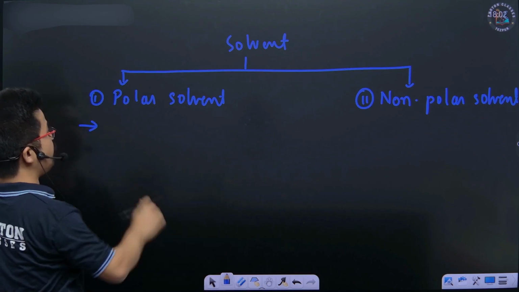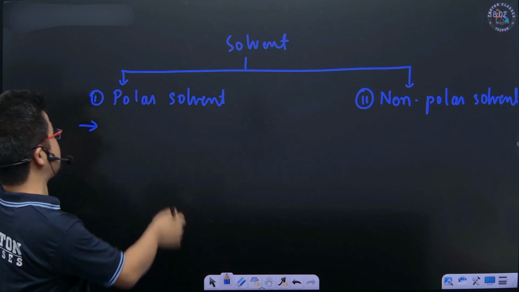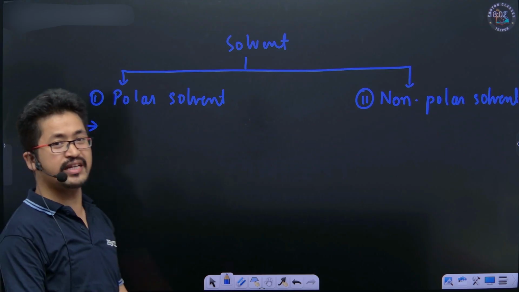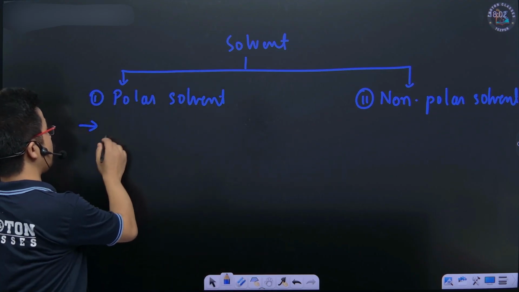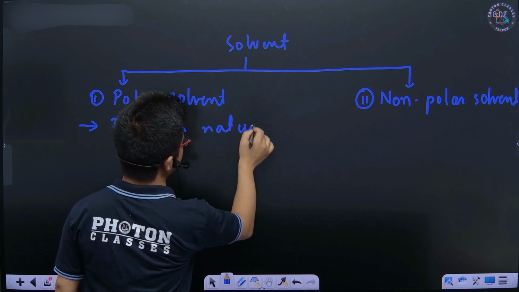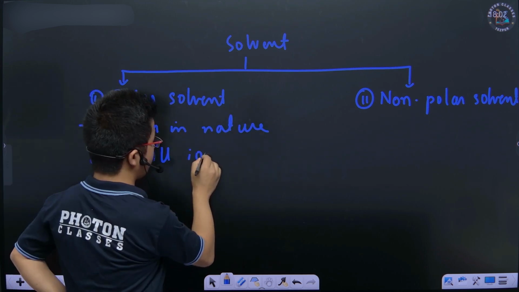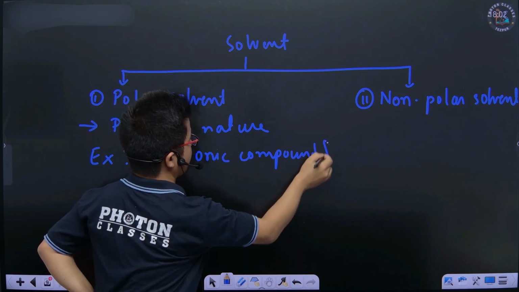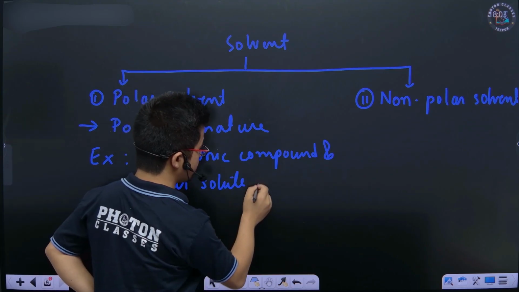Okay, and what are the substances that will be dissolved in polar solvent? The substances which are polar in nature, and along with that all the ionic compounds, will be dissolving in the polar solvent. Okay, solvent will be polar in nature, and here all ionic compounds and polar solutes will dissolve.